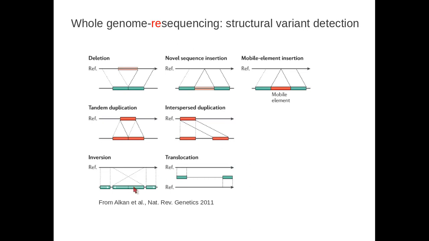Here's an inversion, where a piece of DNA that was in one orientation, say everything pointed from left to right in the reference, but here you can see that this central section is now inverted relative to the reference. This is a translocation, where one piece of DNA moved to another part of the genome without leaving an original copy, as in this case.